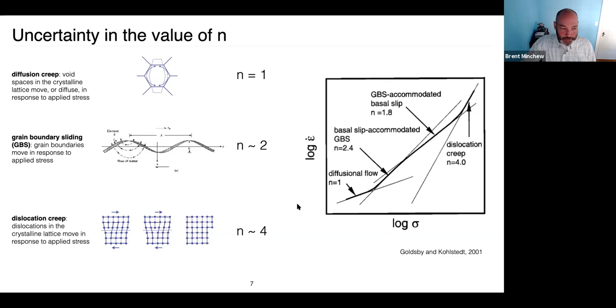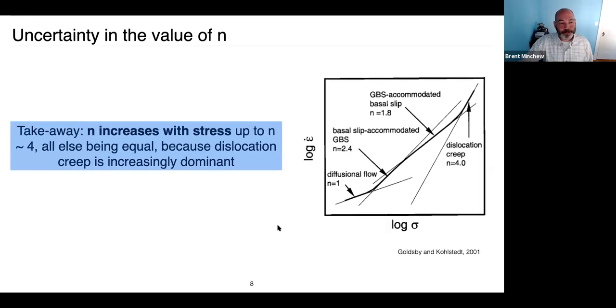So anyway, getting back to it, the neat thing is the stress exponent is a function of stress itself. As stress increases, we would expect a different partitioning of the total deformation between these different creep mechanisms, which is to say that we would expect different creep mechanisms to be dominant at different states of stress, and thus give us a different relationship between the stress and the observed rate of deformation.